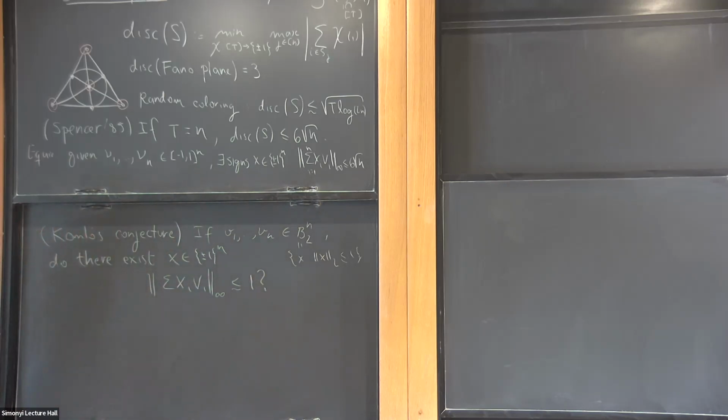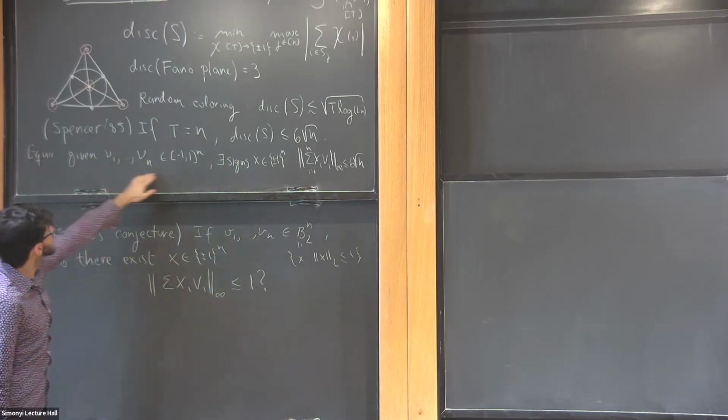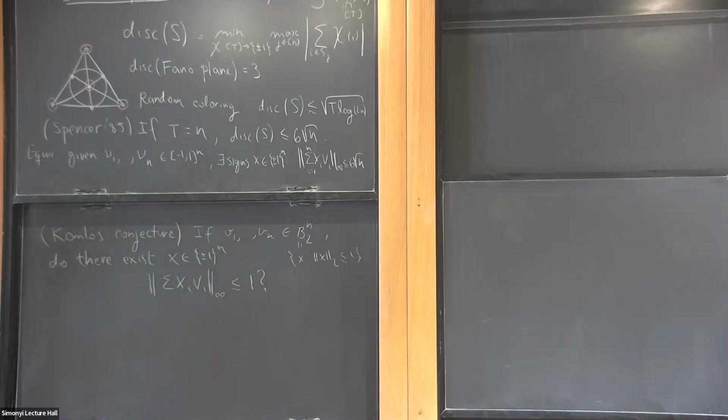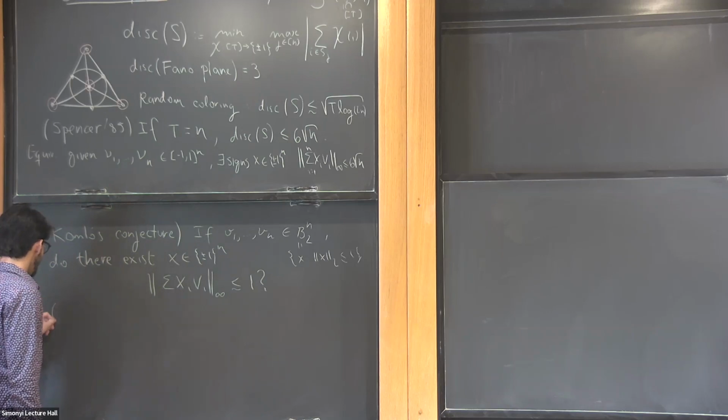You can think about this as a generalization of this theorem, because if vectors are in the unit cube, they have norm at most square root n. So if this is true, it implies this. This is still open.